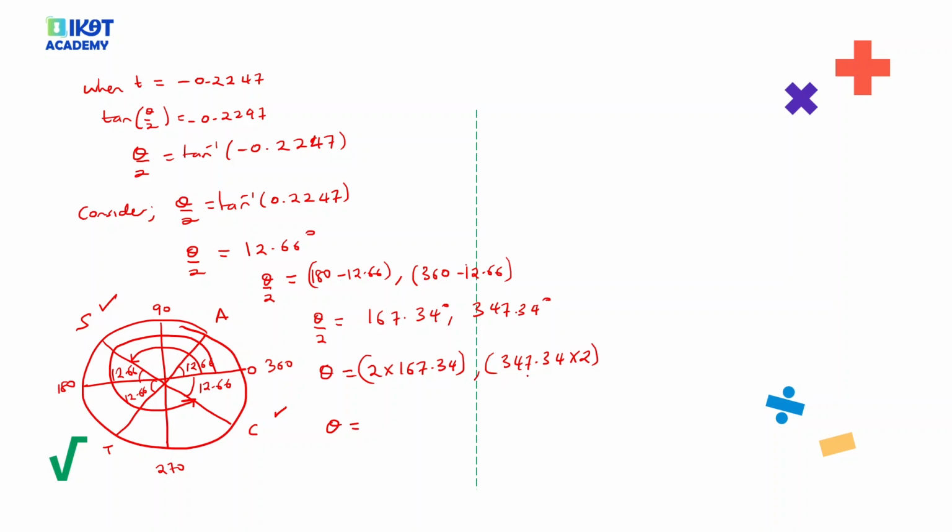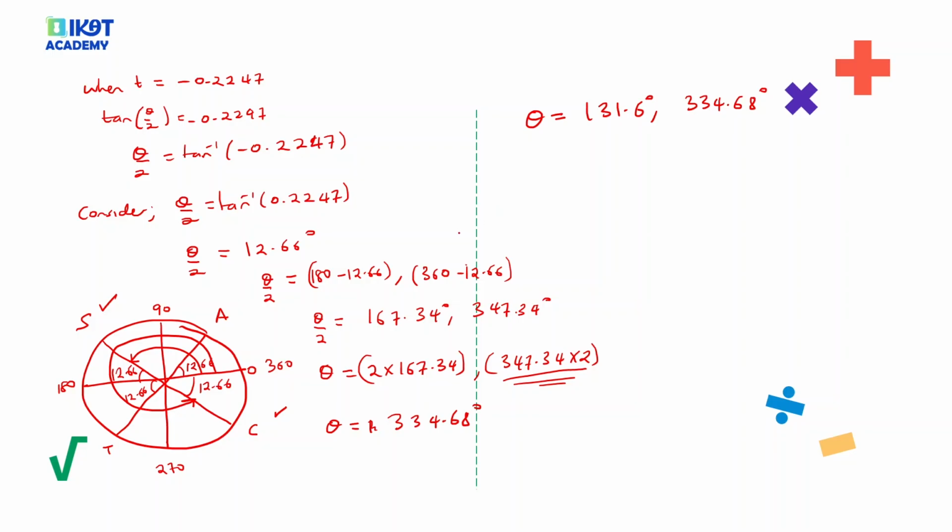For this one, it's going to be above 360, so we want to consider it. The one we get from this is going to be 334.68. So you can finally say theta is what we got at first, 131.6, comma, 334.68 degrees. So this is how we solve our equation using the T formula.